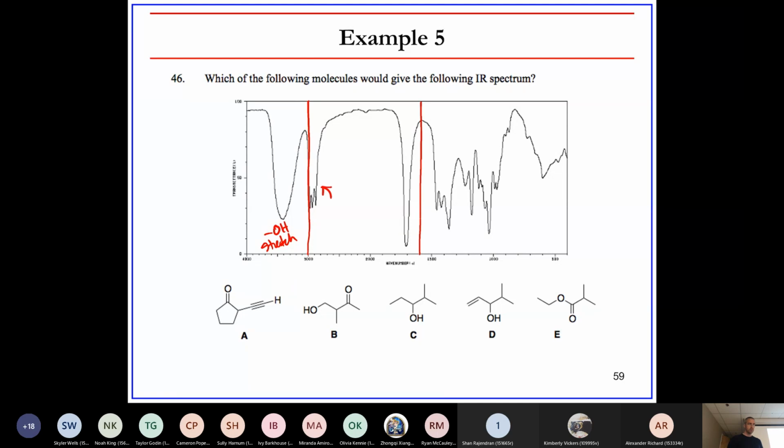What's that? That's right, sp3 CH stretch. What's this? Carbonyl stretch. And then fingerprint.